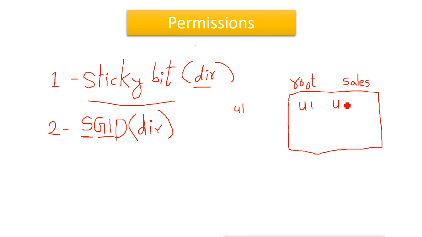This will be the default permission: the user owner will get read and write, the group owner will also get read and write because of the default permission of users, and other users will get read permission. So this is the default behavior.